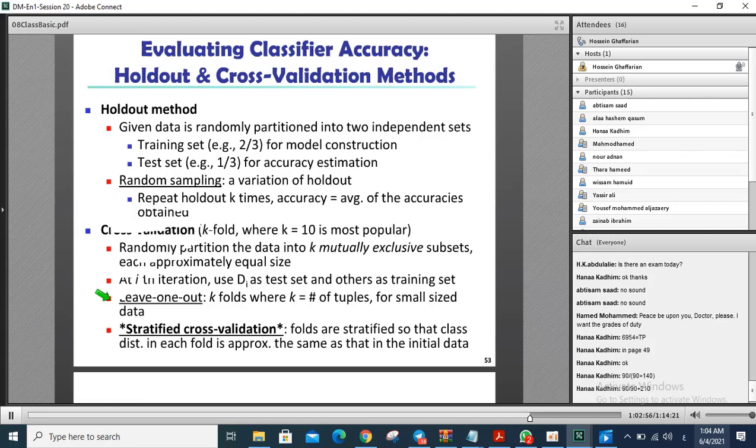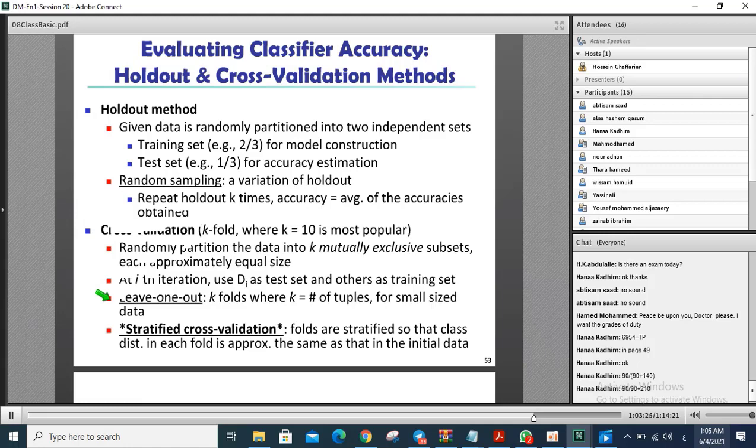In each round or each iteration, I'm keeping only one partition for the test set, and the other partitions belong to the training set.